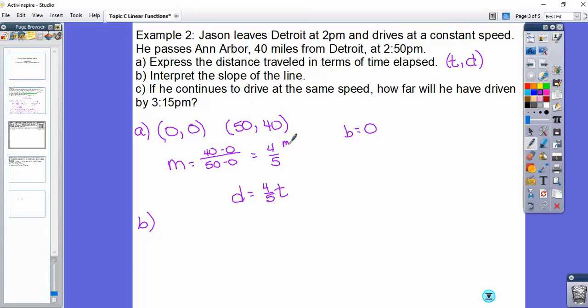My 40 was miles, and my 5 that came from the x, that's minutes. So this tells me that it travels 4 miles every 5 minutes.